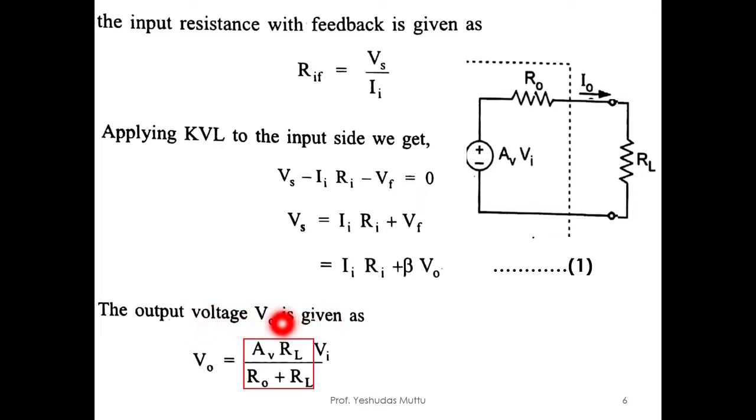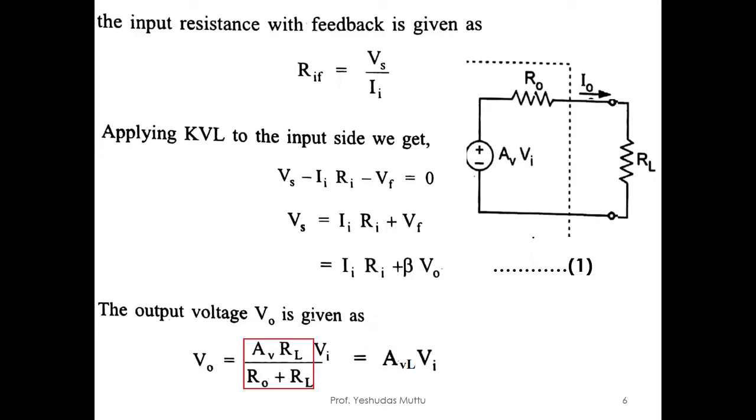So this red box I can write as AVL VI, where AVL signifies the voltage gain without feedback. AV stands for voltage gain without feedback, and AVL also stands for voltage gain without feedback considering RL. AV is without considering RL, AVL is considering RL.